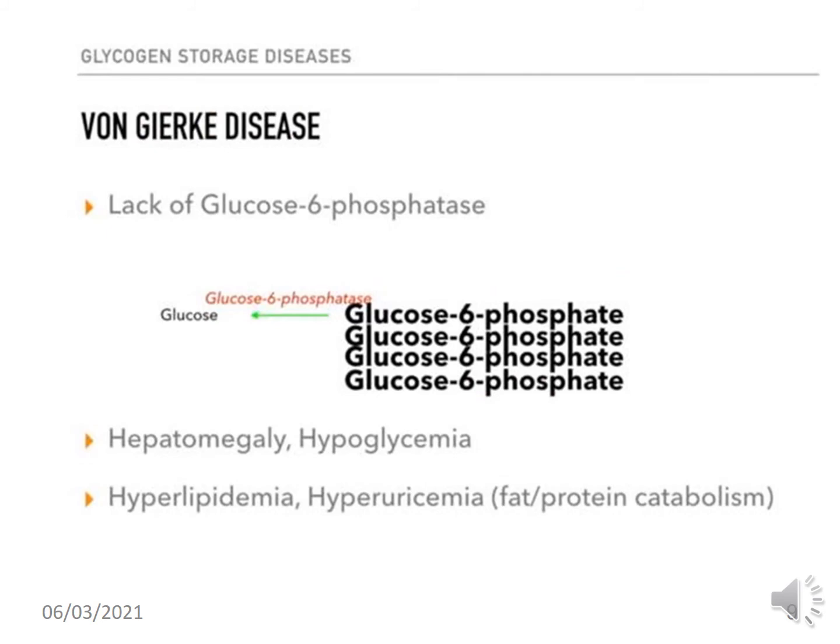So the first type, or type 1, of glycogen storage disease is lack of glucose.